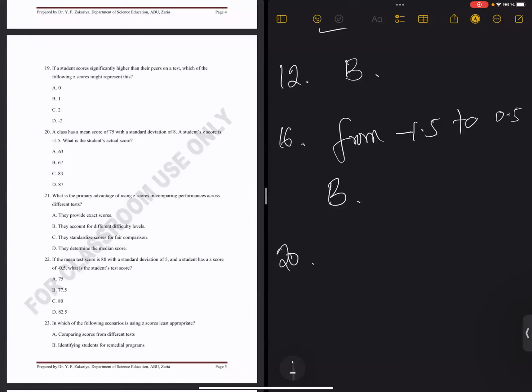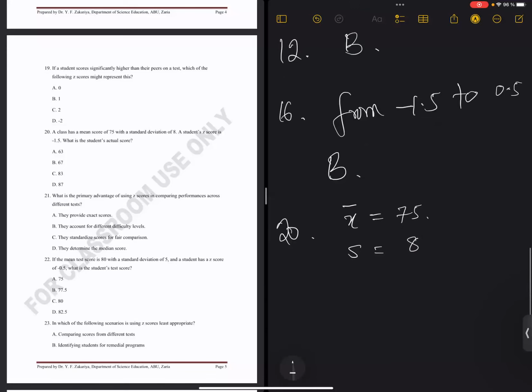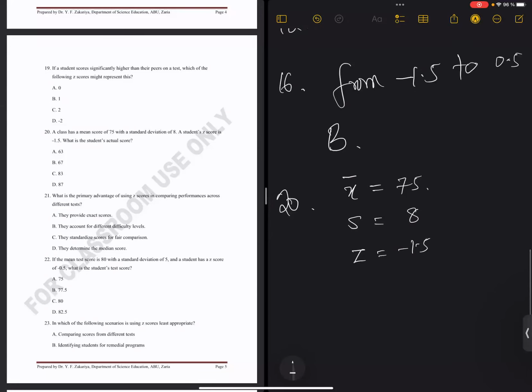A class has a mean, X bar is the mean, that is equal to 75, and the standard deviation, S, equals 8. A student's z-score is -1.5. Z equals -1.5. Then what is the student's actual score? What is X?